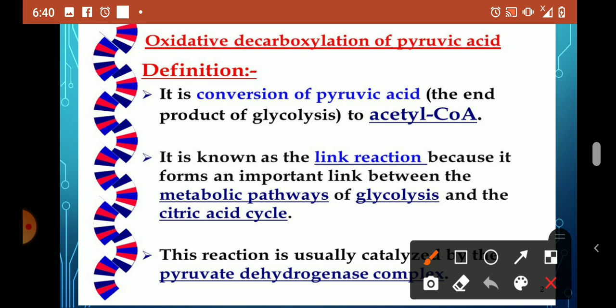So oxidative decarboxylation of pyruvic acid is actually called the link reaction, and this is also the link between the metabolic pathways of glycolysis and citric acid cycle.